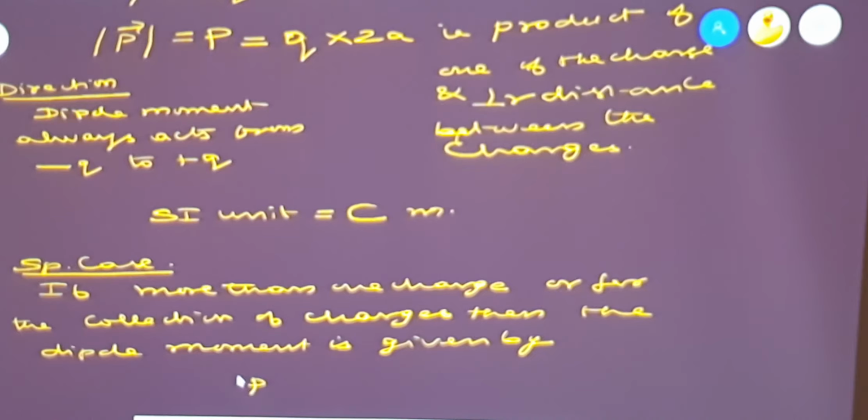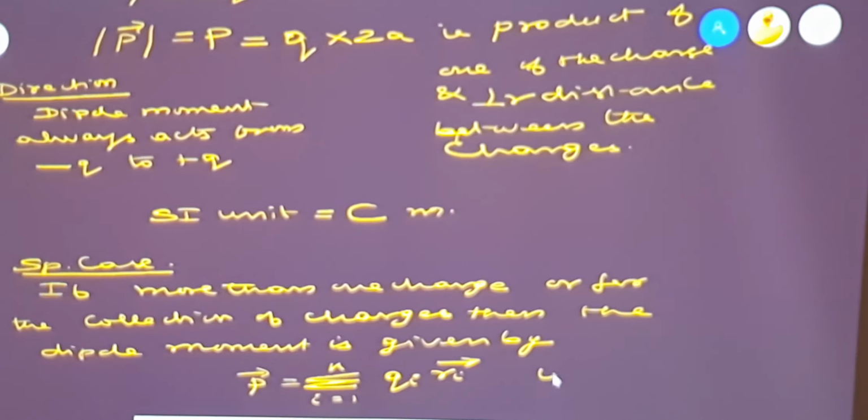P vector is equal to summation, sigma of Qi Ri vector, where i is equal to 1 to n.